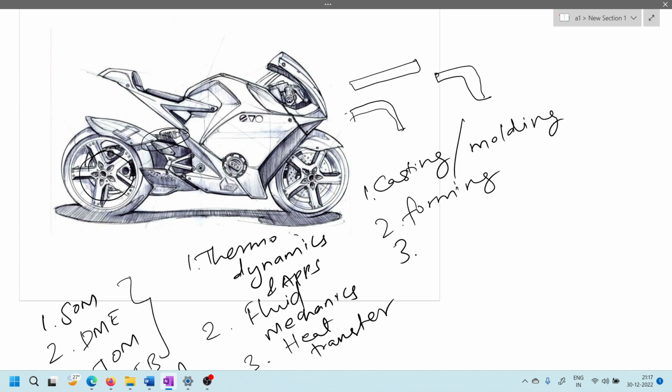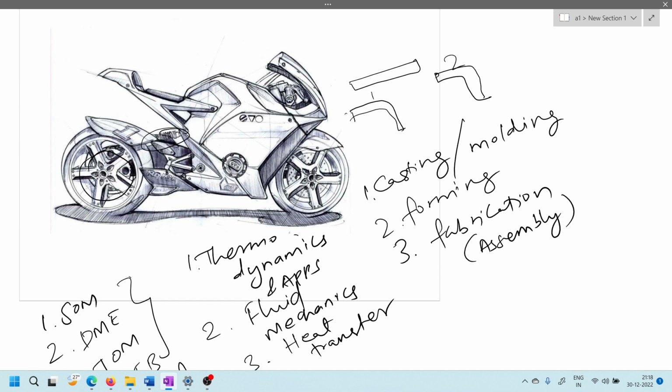Then we should do the, what else? Fabrication process. What does fabrication process mean? That is the assembly of two metals. For example, if we need two parts like this, we'll make one like this and another one like that.